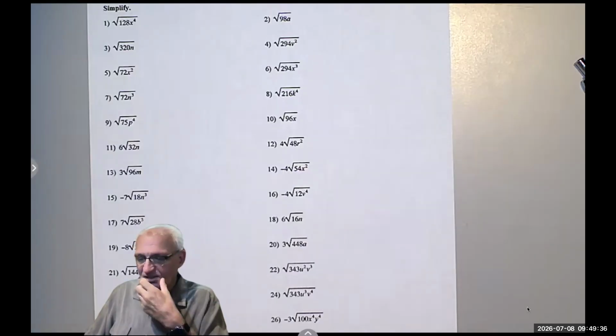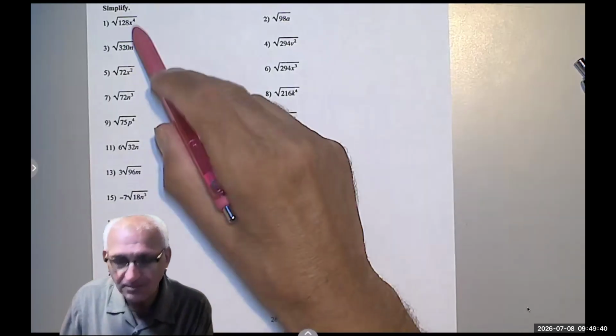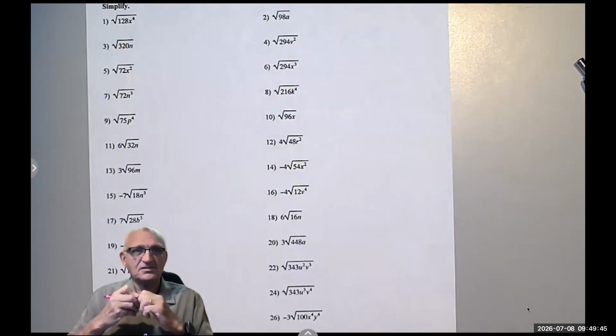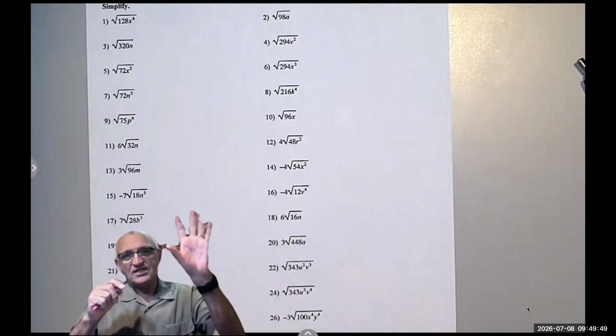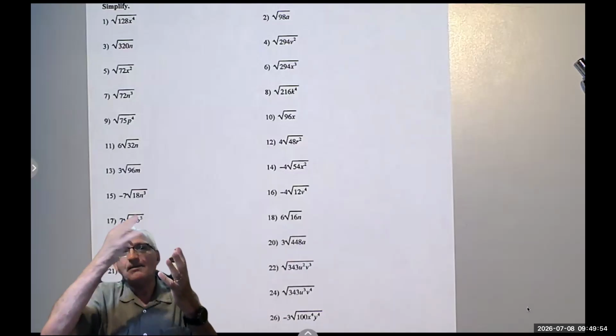That's the first question. The second part is easy, because when I have a variable, I know from when we covered exponents that if I multiply a base with an exponent by itself, I add the exponents, or double the exponent.